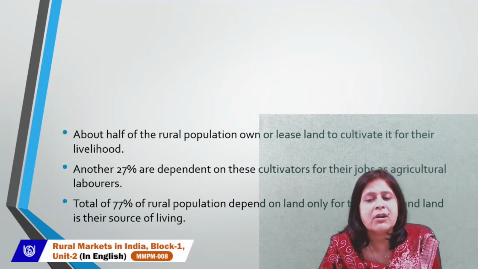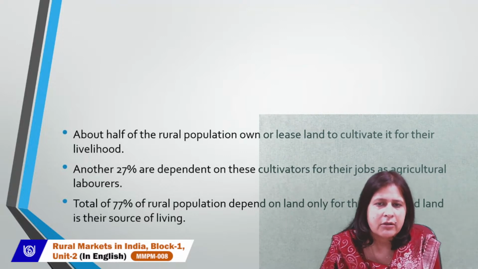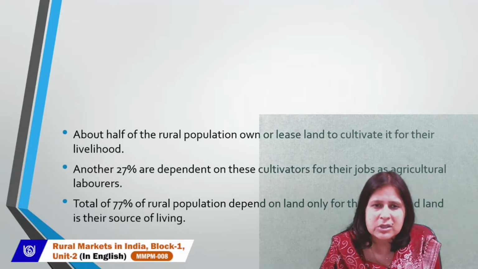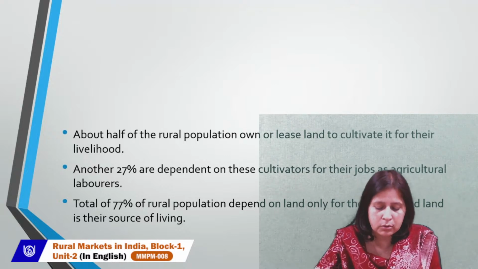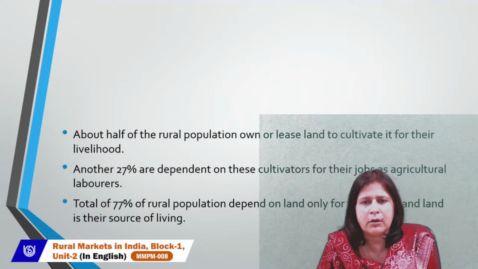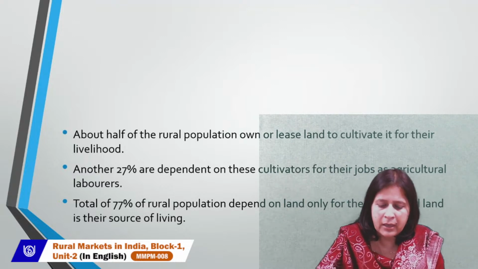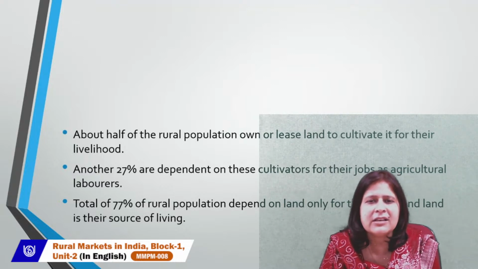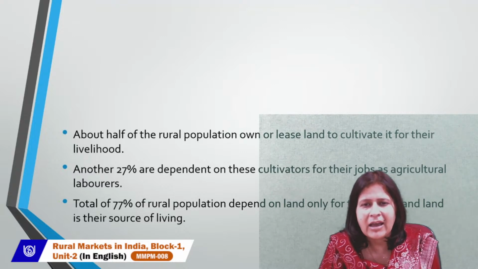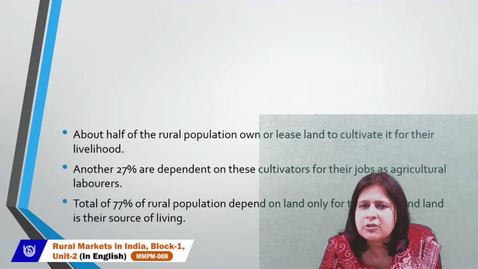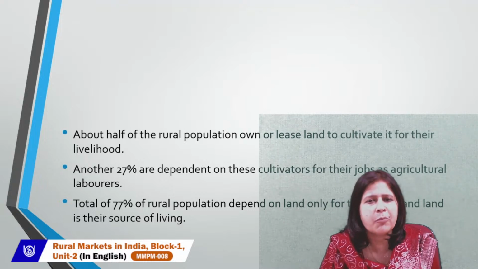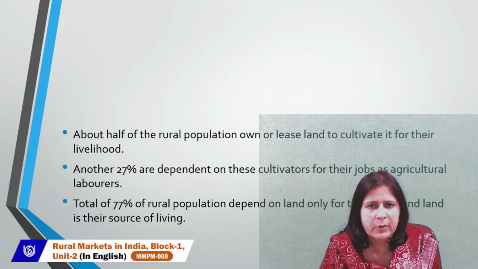About half of the rural population owns or leases land to cultivate it for their livelihood, right? So we discussed which area the agencies or the government consider as a rural area, right? As per one of the definitions, at least 75% of males should be engaged or occupied in agriculture-based activities.